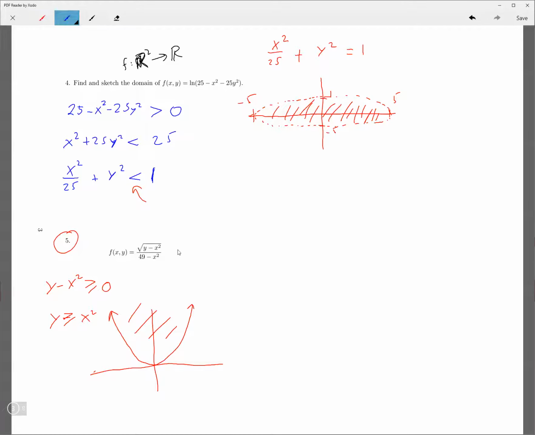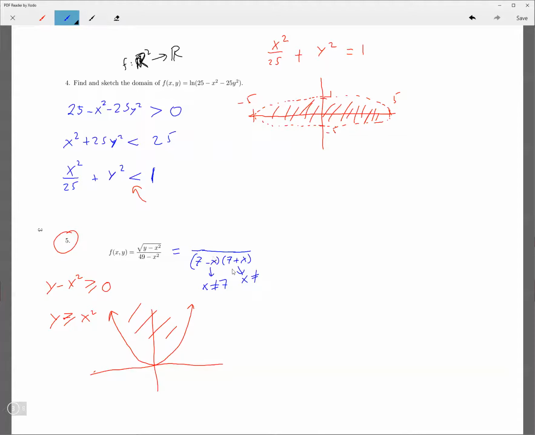But then the denominator splits up into this 7 minus x and 7 plus x. Okay. And then these two factors are in the denominator. And what does that mean? This means x can't be 7, right? Because that would make the denominator 0.